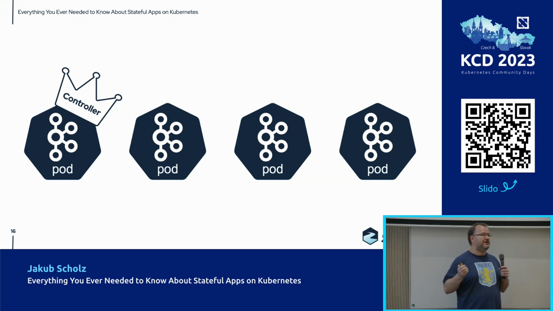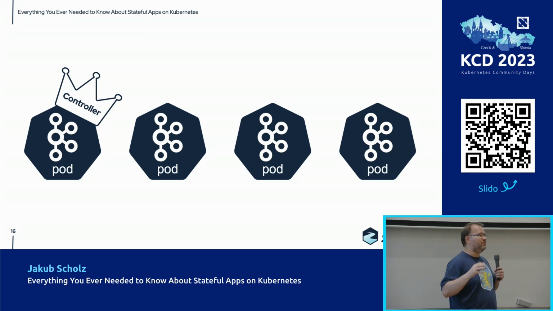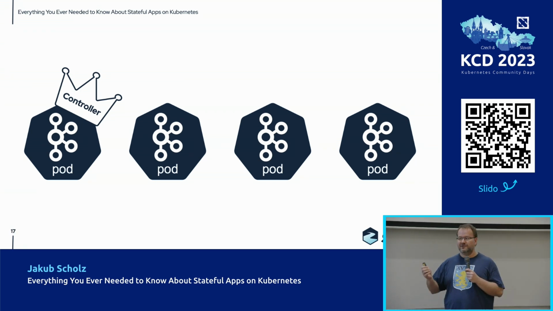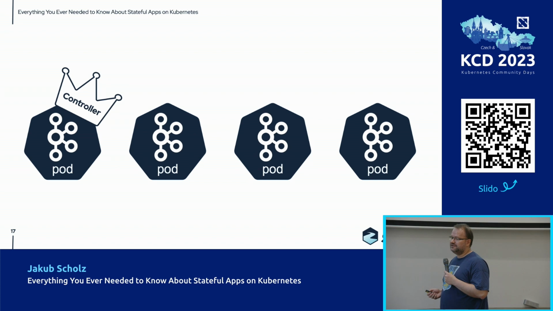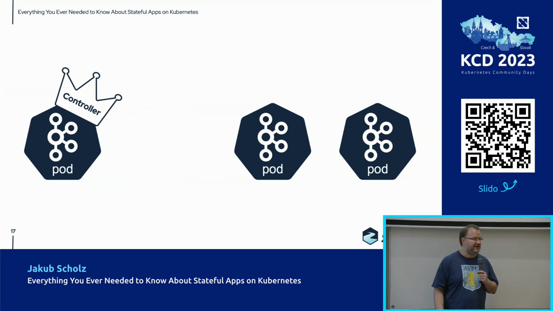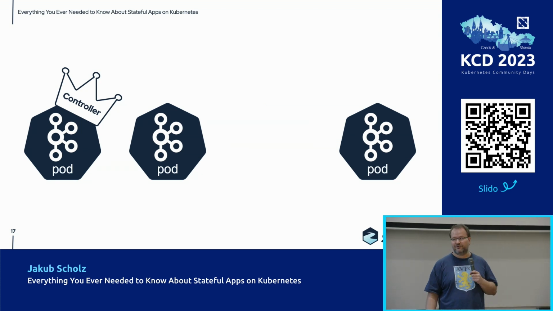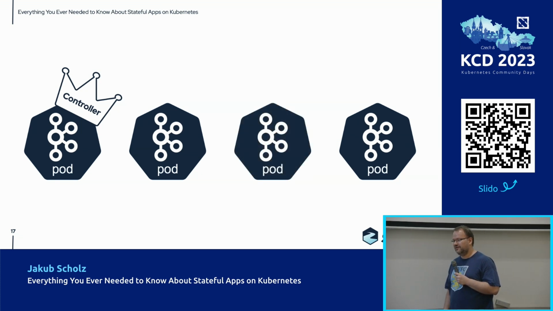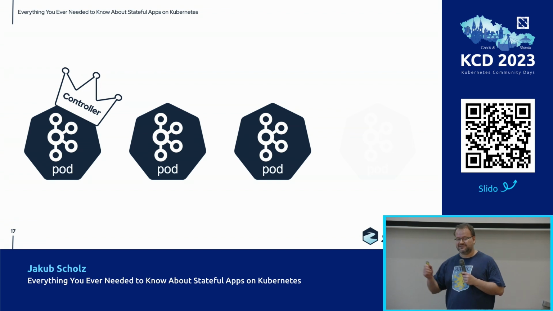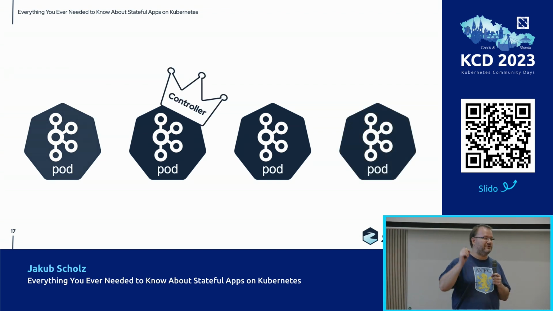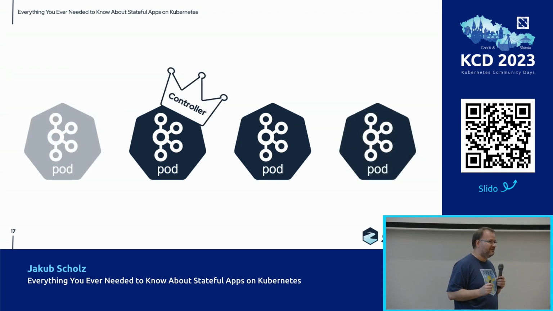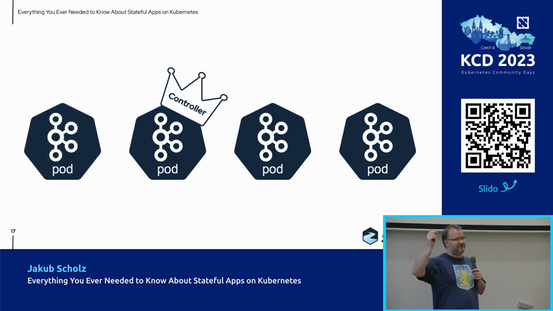So if you had a human operator who knows Kafka and knows how to use it, the human operator would do something like this. Roll the second pod, roll the third pod, roll the fourth pod, and then, as the last thing, roll the first pod, which has the controller role, and then the controller role will shift to the second pod.